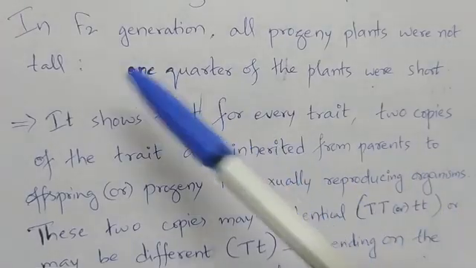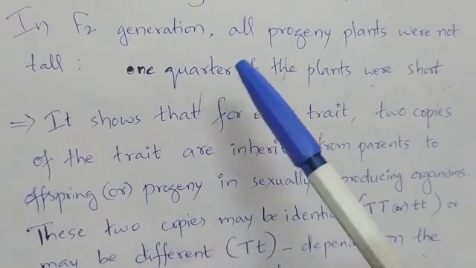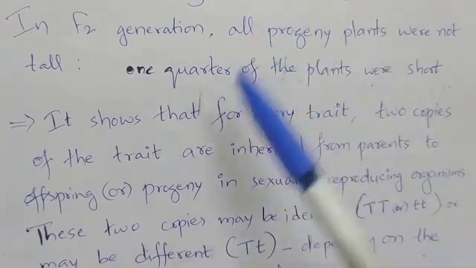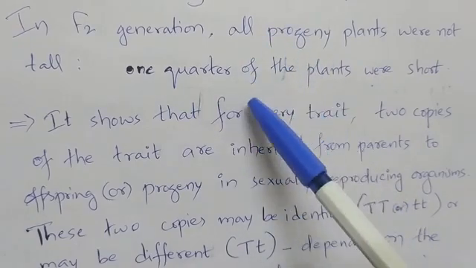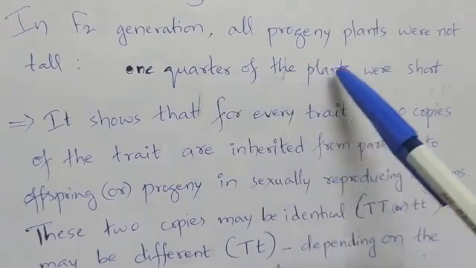In the F2 generation, all progeny plants were not tall, even though the progeny was obtained by crossing two tall plants of the F1 generation. What is happening? Only 3/4 of them were tall and 1/4 of the plants were short.